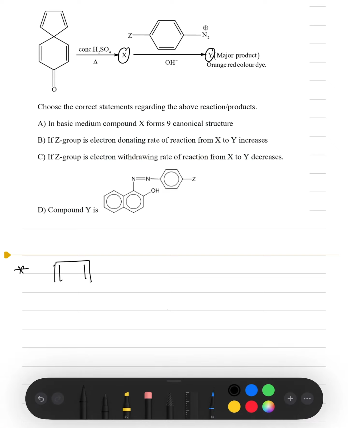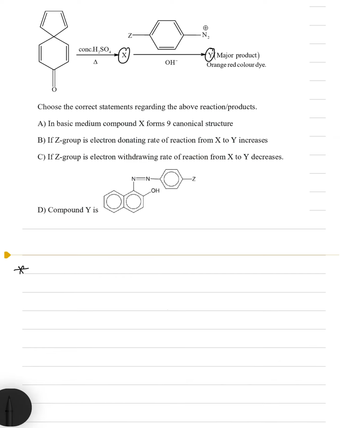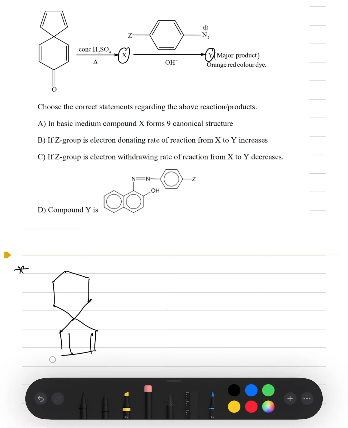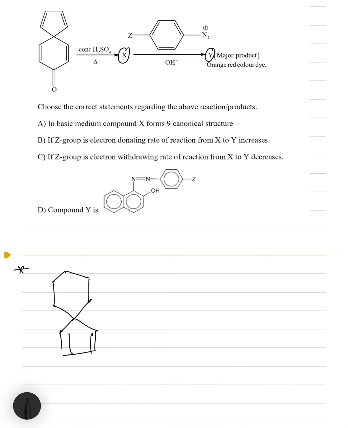Let's try to understand. Basically, if I try to draw this molecule in upright way, it will be like this. This is the molecule which we have actually, and we have double bond over here. Now, in the presence of acidic medium, what we will have?